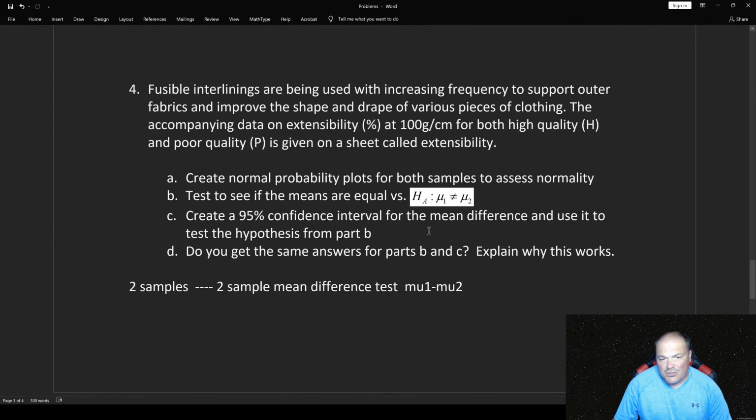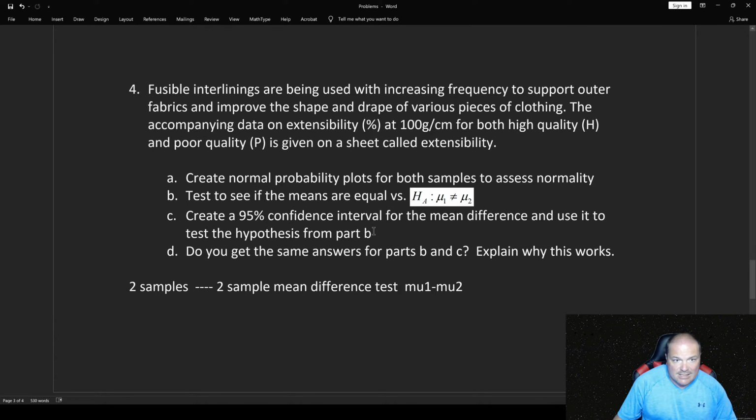Now the question says create a 95% confidence interval for that mean difference and use it to test the hypothesis from part B. You can always use confidence intervals to test hypotheses. You calculate the interval, and then see if your hypothesized value falls in there. If it does, you fail to reject. If it doesn't, you reject.